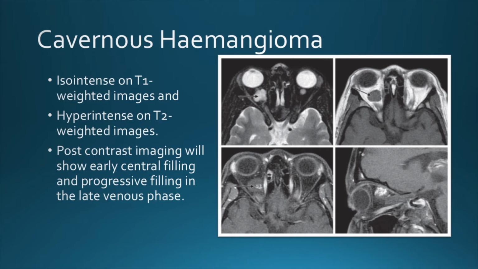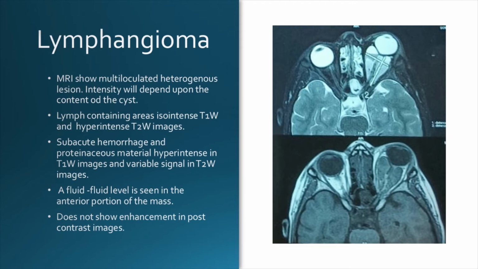In lymphangiomas, MRI will show a multiloculated heterogeneous lesion with a fluid level.